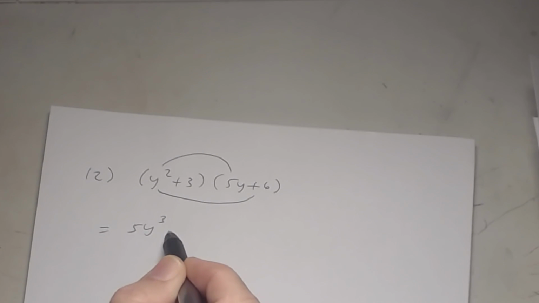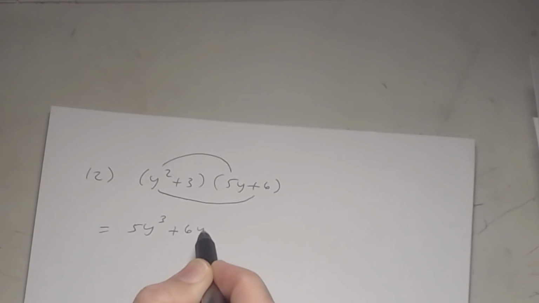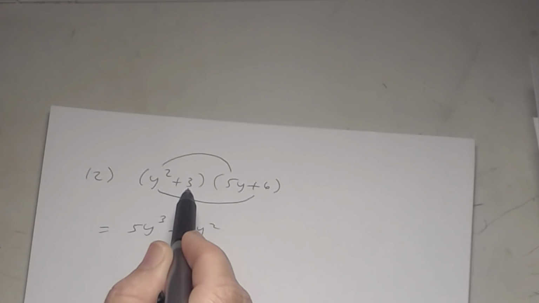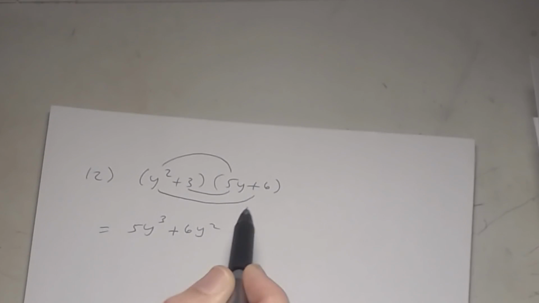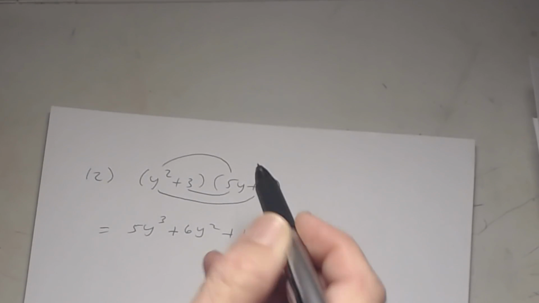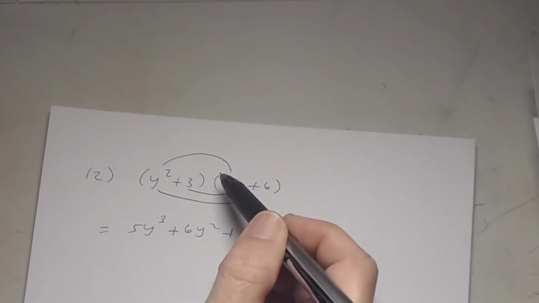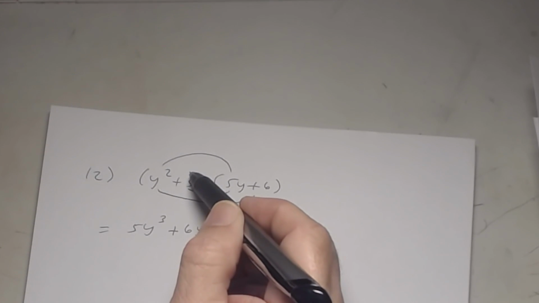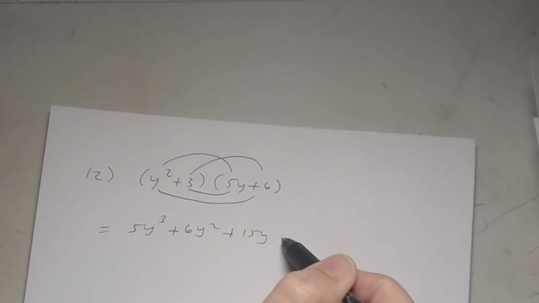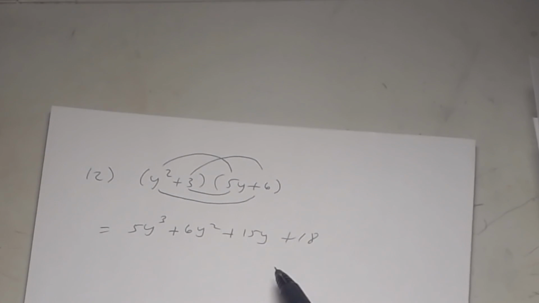What do you get when you multiply them? 6y squared. Now the inside. What terms are on the inside? 3 and 5y. What do you get when you multiply them? 15y. And then the last term of each binomial, which is going to be 3 and what? 6, which is 18. So there are your 4 terms.